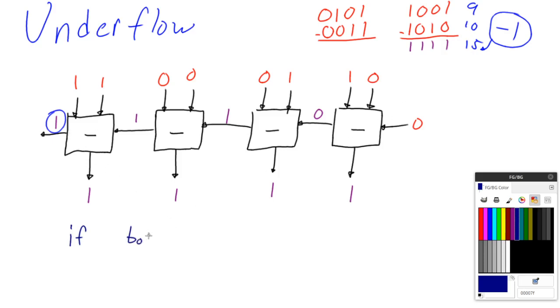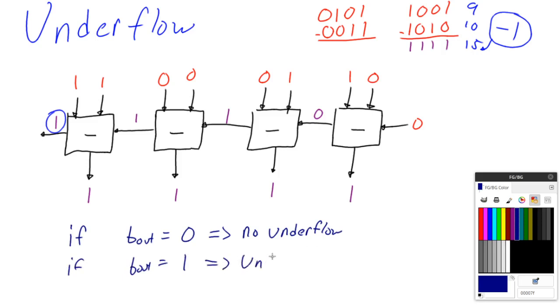If borrow out equals 0, we have no underflow. And if borrow out equals 1, then we do have an underflow. That means our difference went negative, and that means we can't represent it with our number system.